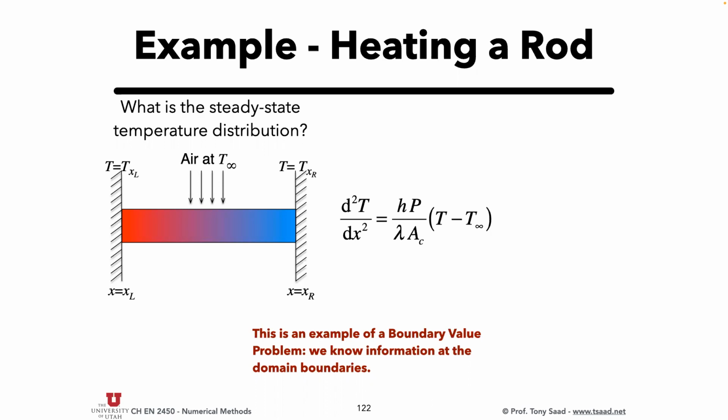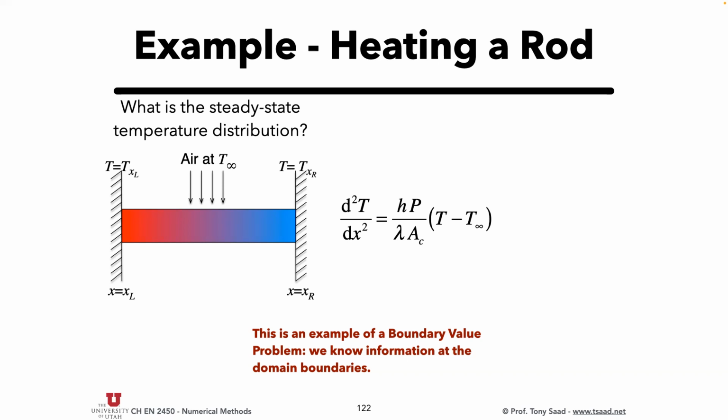So if you look at this rod, in this case, there's this rod held at fixed temperatures on each side. Clearly, based on the value of those temperatures, it might be heating or cooling the rod. But one of the problems we dealt with was called the convection heat transfer problem. You'll study that later in your engineering courses.